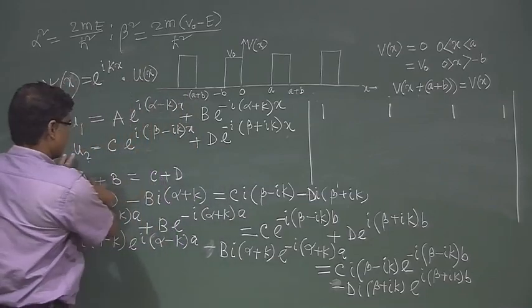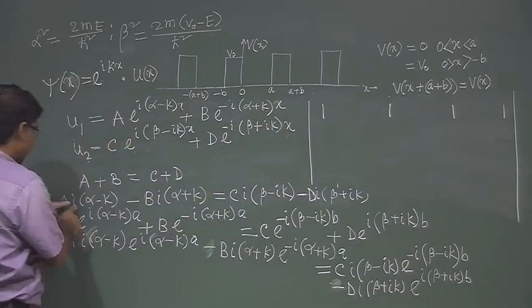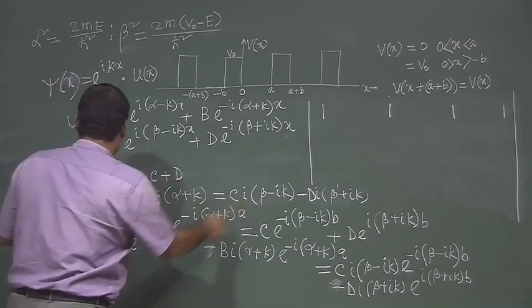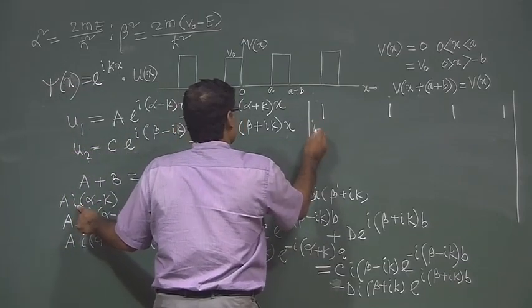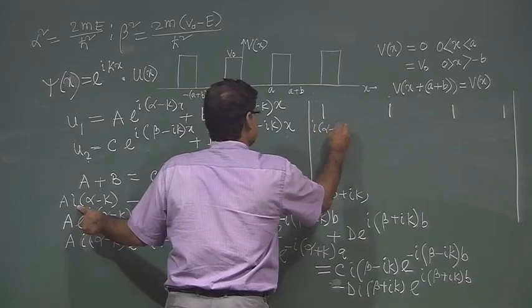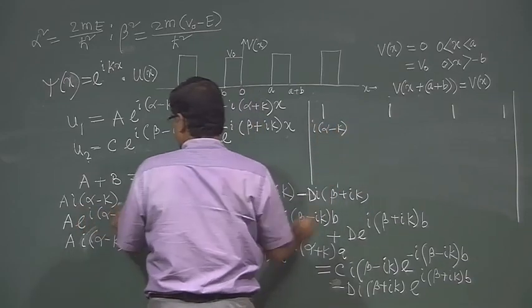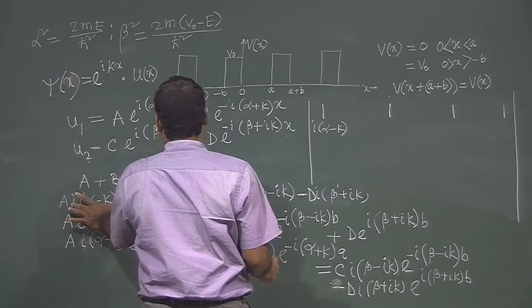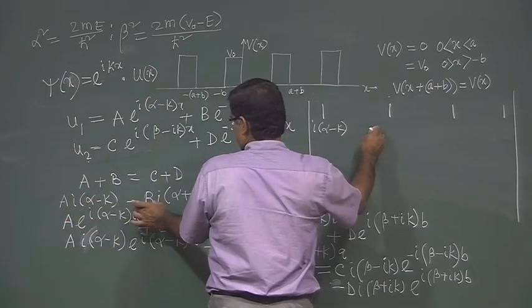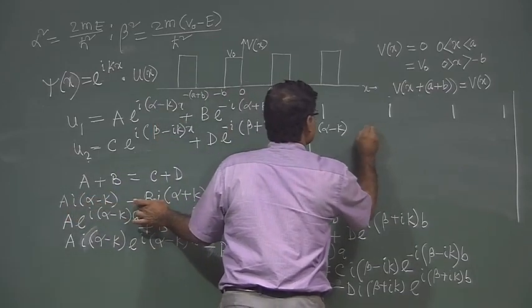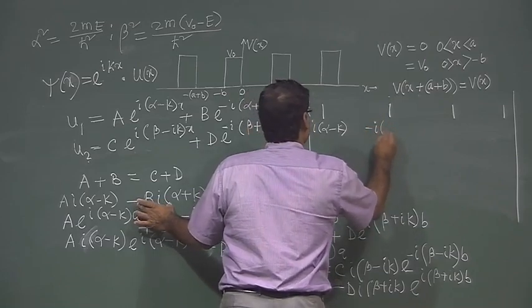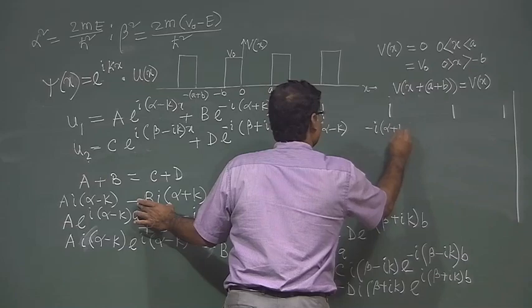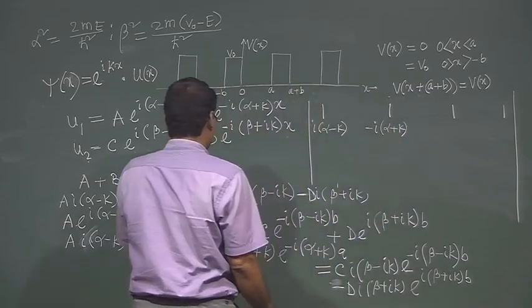From here this coefficient is i alpha minus k, the coefficient of B is minus i alpha plus k, right.